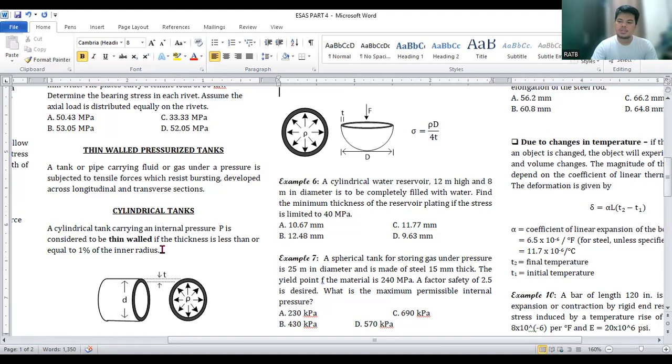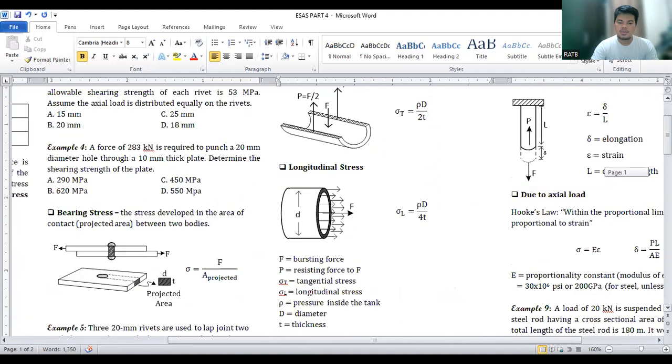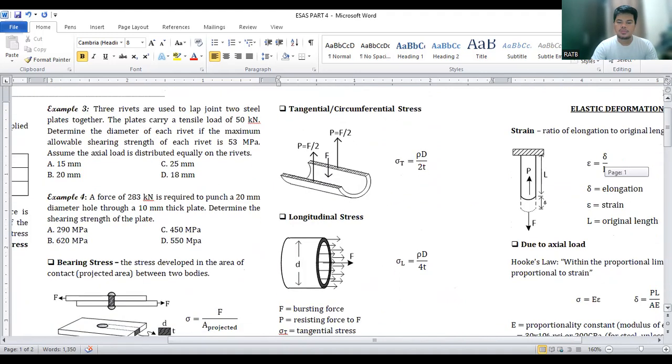So that's 1% or less to the inner radius. So for cylindrical tank, we have these two types of stress that can be developed.